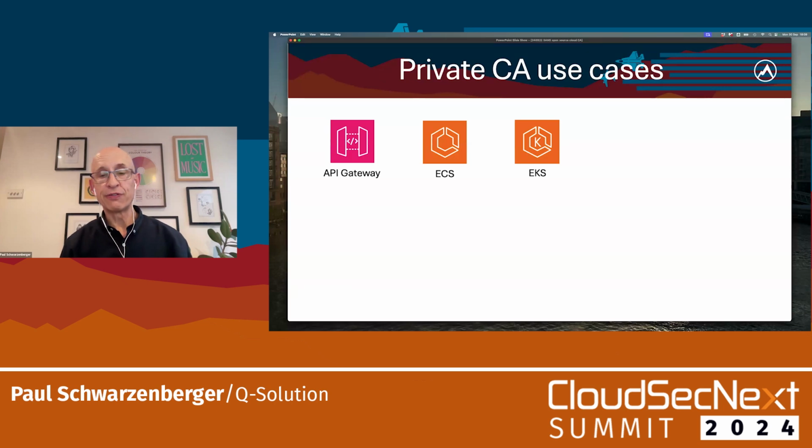Similar sort of benefit is there for EKS, Elastic Kubernetes Service, where certificates are often used within a service mesh to ensure that all the intrapod communications are TLS, transport layer security, encrypted.